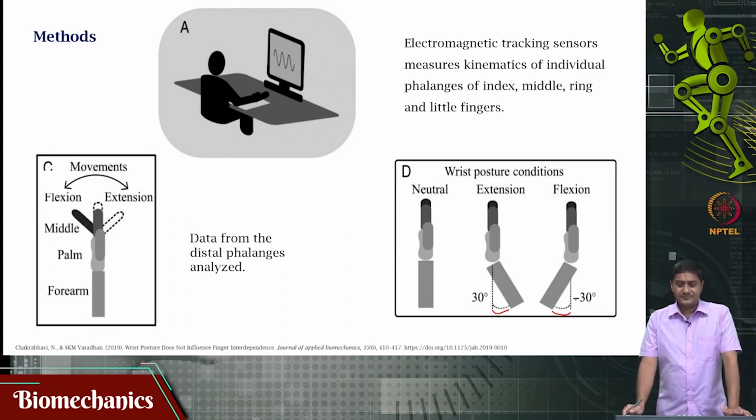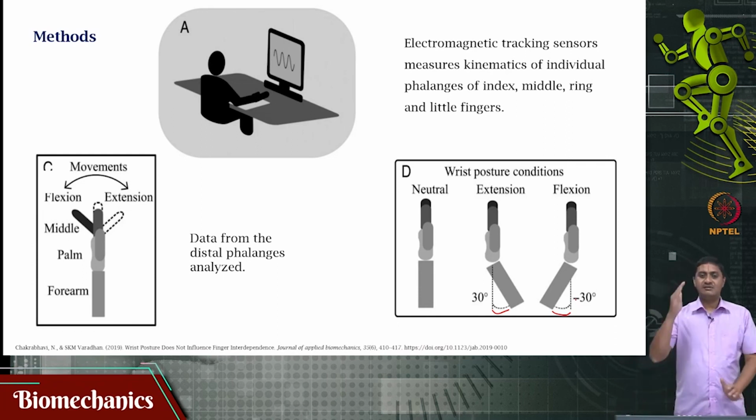Actually what we did, I remember distinctly what happened was that we tried to use 60 degree flexion and 60 degree extension, and we performed some pilot studies. It turns out that many of the participants were not able to move their fingers when the wrist was flexed like this.